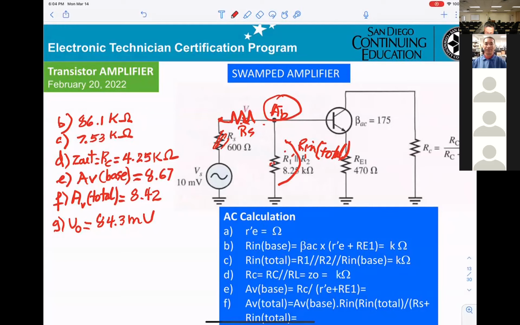If you don't have this resistor, then R in base and R in total here are the same. However, if you have a resistance here, then the total gain will be different. It will be the voltage gain at the base times that one divided by RF plus R in total.